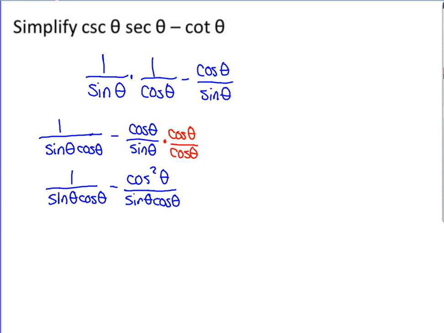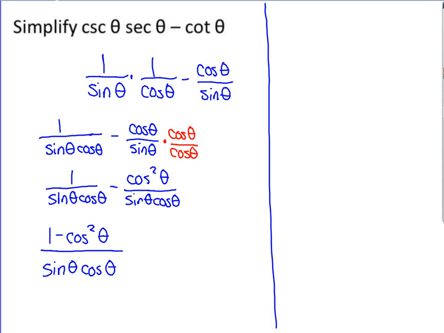Now if we actually do our subtraction, since our denominators are the same, we're going to have 1 minus cosine squared of theta over sine of theta cosine of theta. Now if we think back to what we were doing on part A, we had those Pythagorean identities.